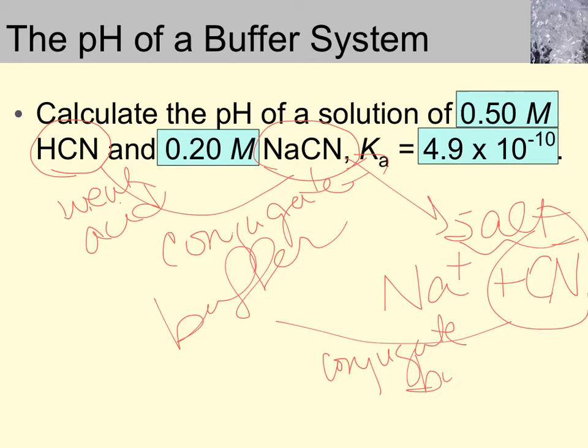And so anytime you add conjugate pairs to make a buffer system, one of the components is almost always a salt, because a salt is the source of the conjugate base. All right? So anyway, now that you recognize this is a buffer system, you simply use the Henderson-Hasselbalch equation and plug in the values to calculate pH.